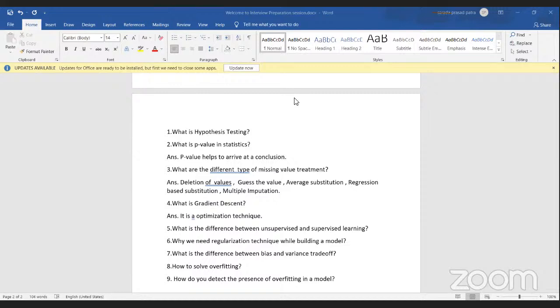Yes. How can we detect the presence of overfitting in a model?